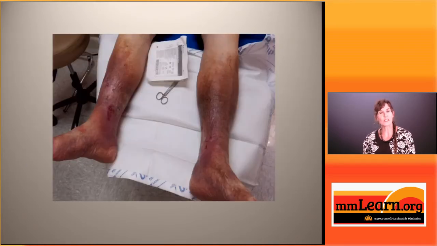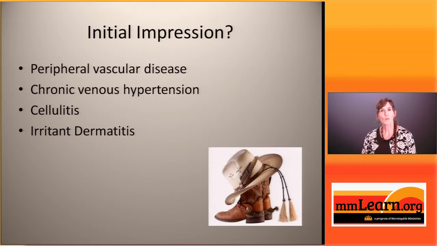Here is a closer evaluation, and you can see that these wounds are certainly not deep, but potentially very serious, and the overall skin condition is not that healthy. So, what is your initial impression of this patient? Do you think he has peripheral vascular disease or diminished arterial supply to his legs?